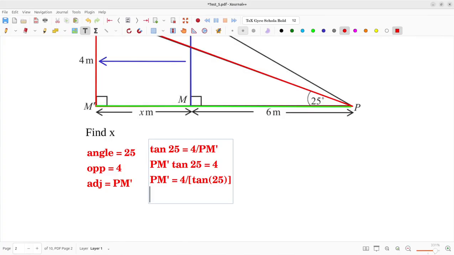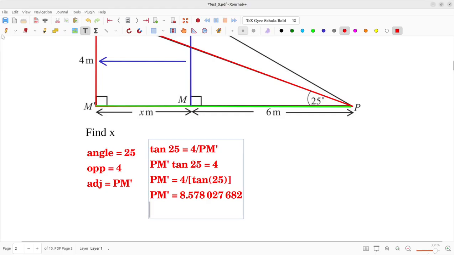So PM prime is equal to 8.57, and then rounding off to 3 significant figures.